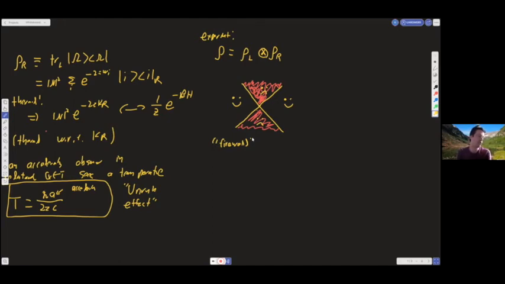These lines here are sometimes called Rindler horizons. If you want crossing the Rindler horizon to be a pleasant experience, you really better have almost all of that vacuum entanglement there.